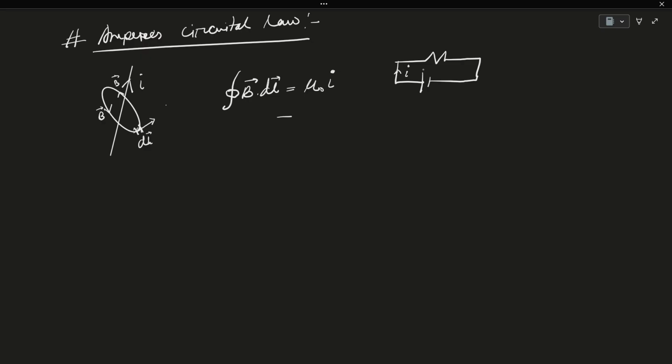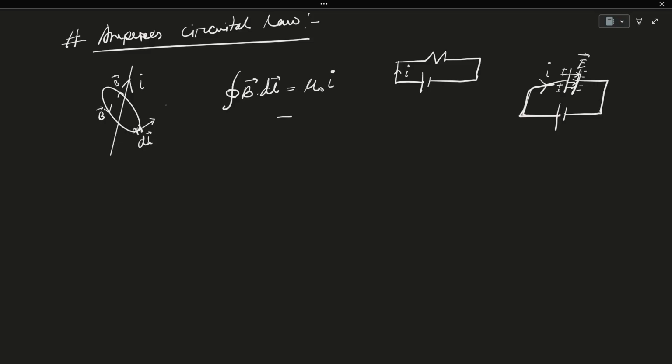Now let's say there is a capacitor in this circuit, with a battery and a capacitor. While the capacitor is being charged, the current is moving from this side to this side. When the capacitor is being charged, positive charge will be deposited here and there will be an electric field from this to this.